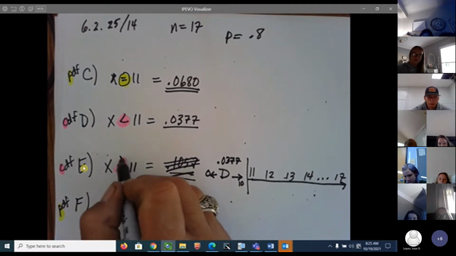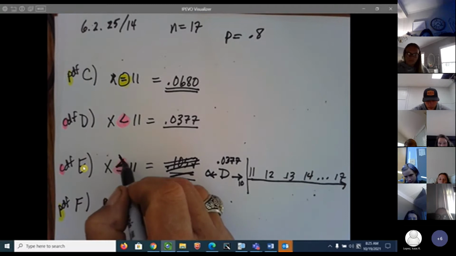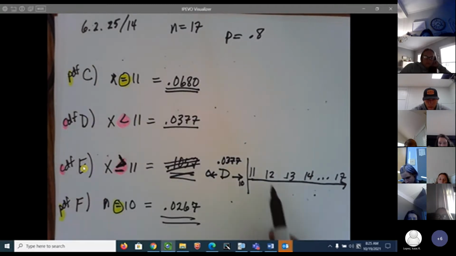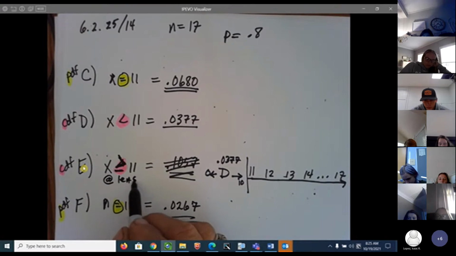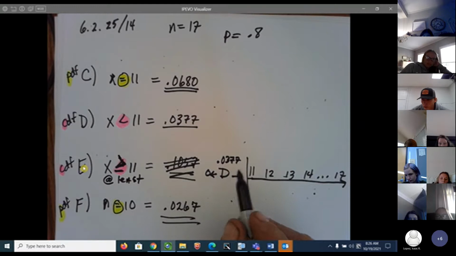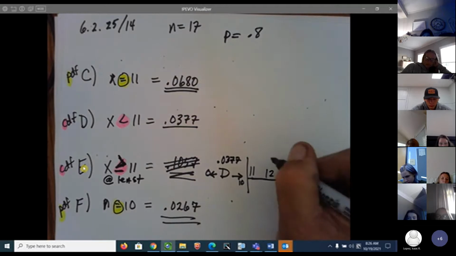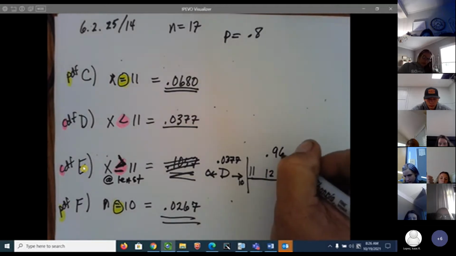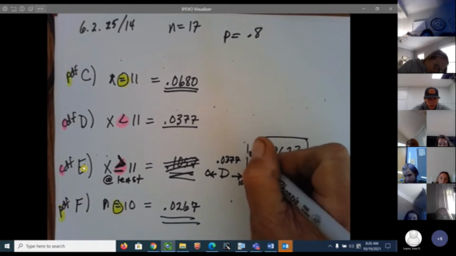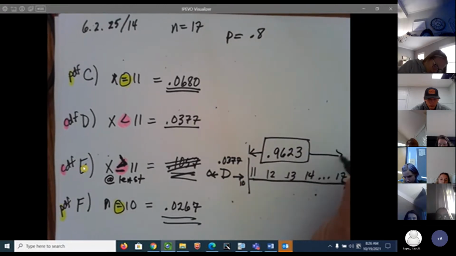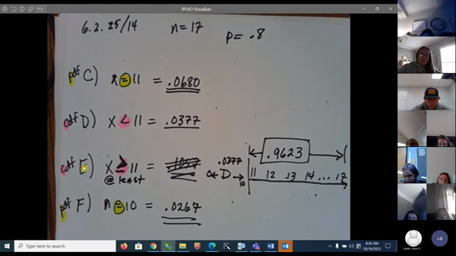So that means I need to turn this around. X is greater than or equal to 11. At least. Okay, so 1 minus, so what is that? 0.9623. Somebody help me out. 0.9623 is equal to that.